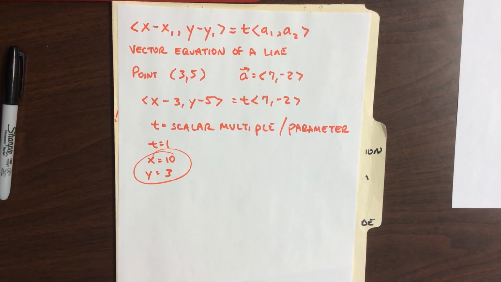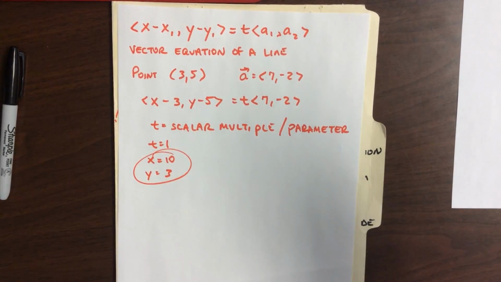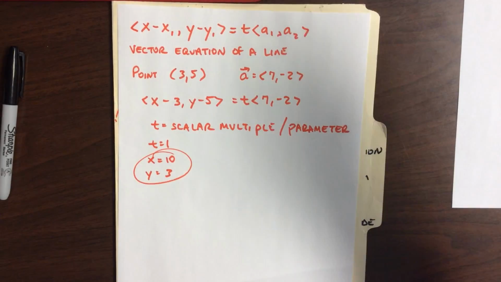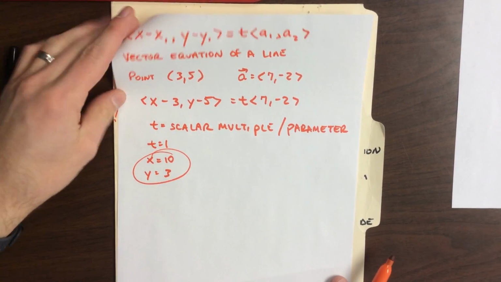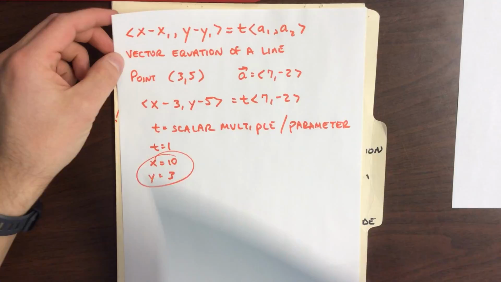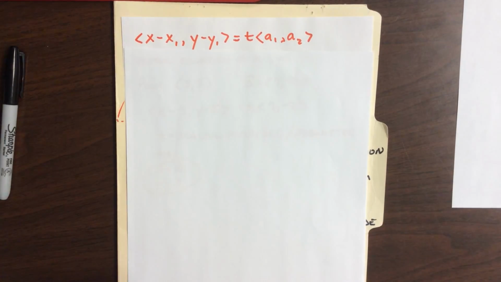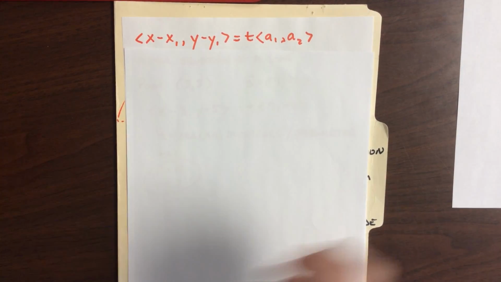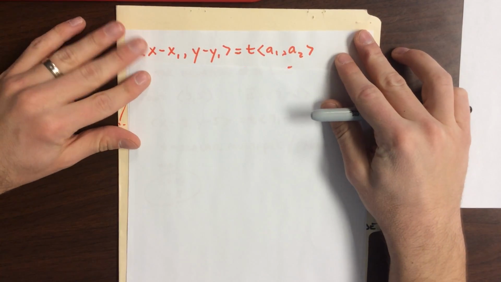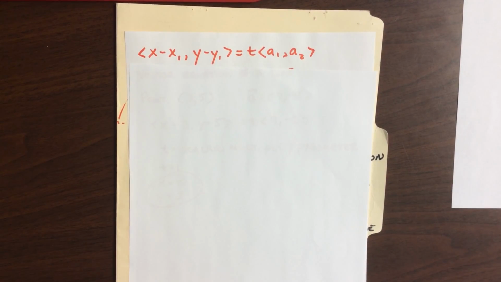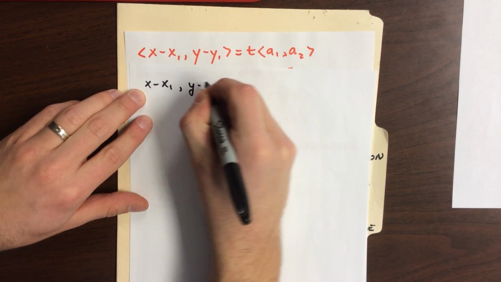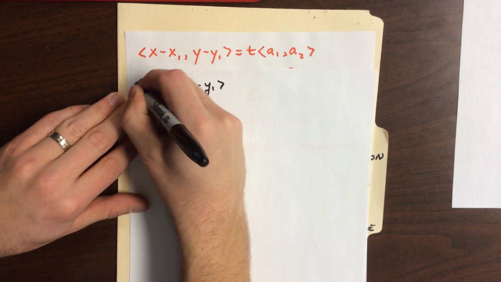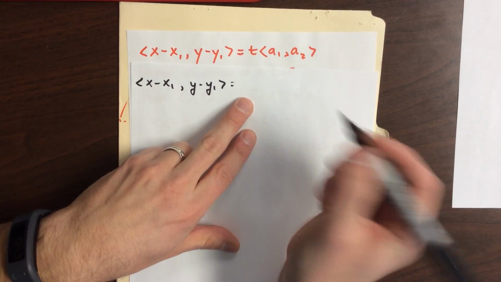So we've got the vector equation of a line. Now, for two vectors to be equal, the components must be equal. I'm going to modify this a little bit. Here's the jump that we're going to make into our parametric equations. Taking my vector equation of a line, x minus x1, y minus y1, I'm going to distribute my scalar multiple.